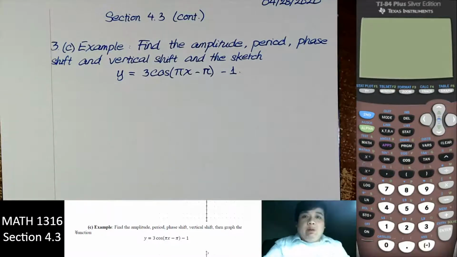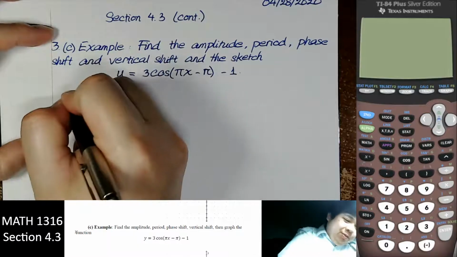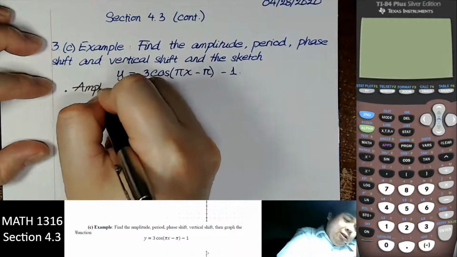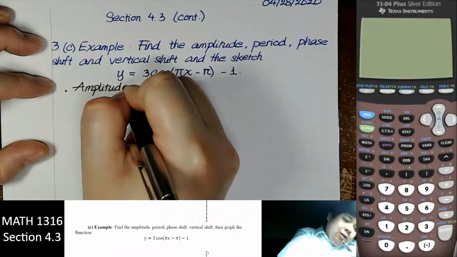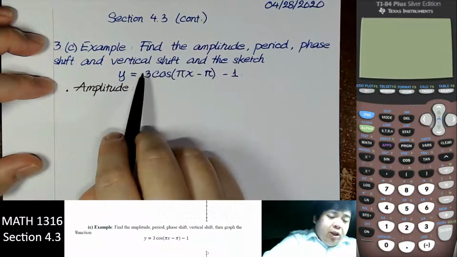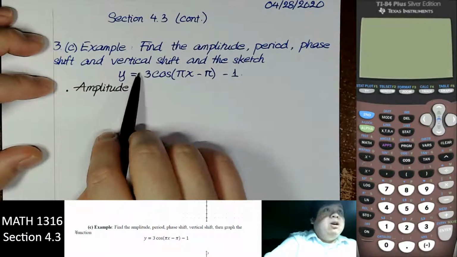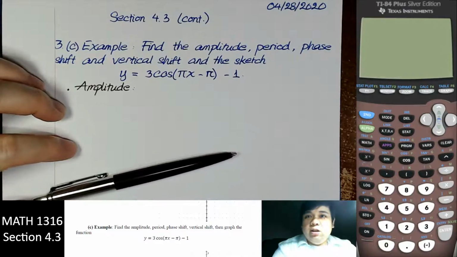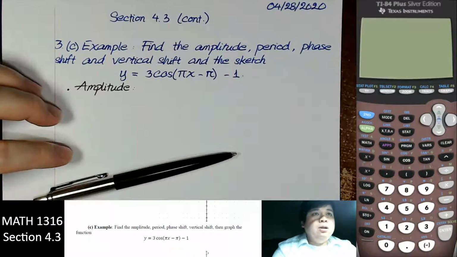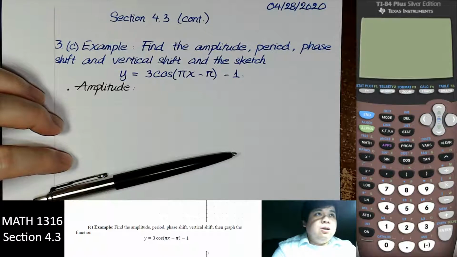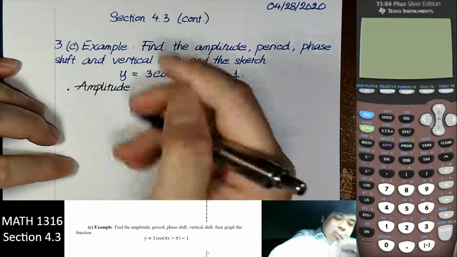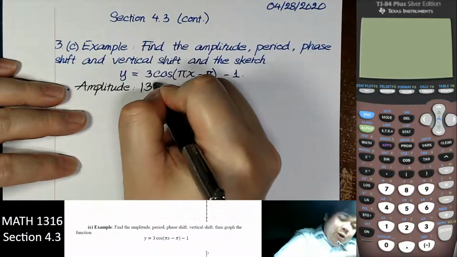So just do find one by one. Amplitude is going to be the absolute value of the number in front of cosine or sine. So the absolute value of 3, or just 3.